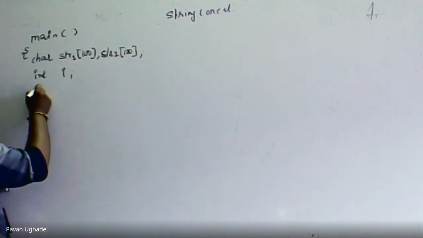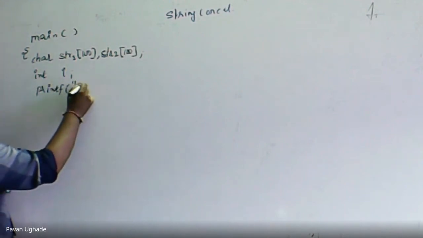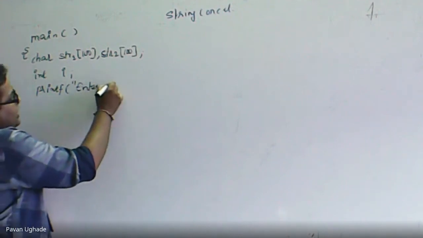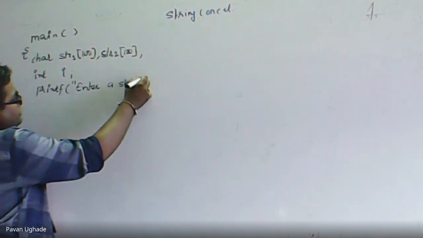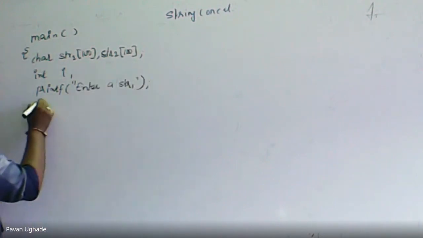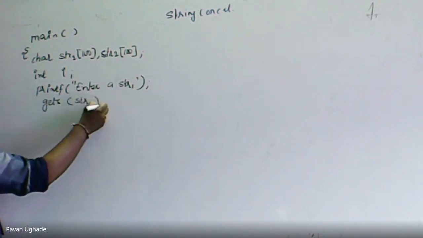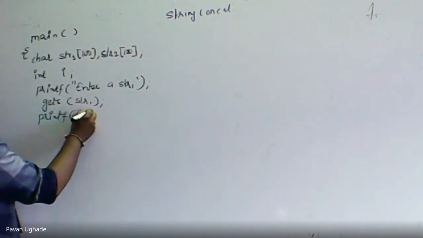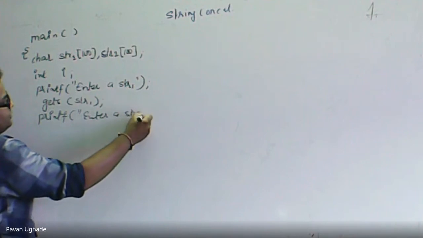So here first I'll put a printf, enter a string str1. Here I'll be using the gets function for str1. In the same way I'll take the second string also, printf enter a str2.